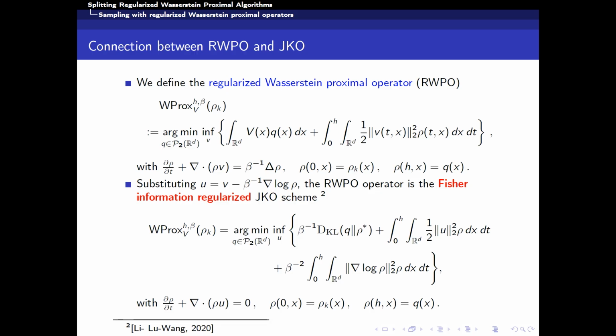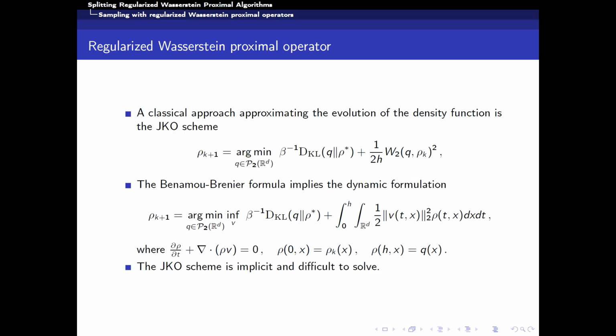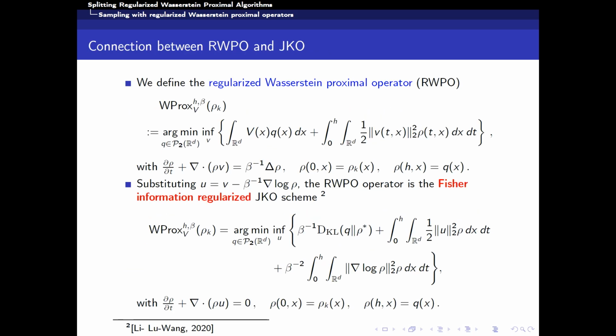And if you compare this formulation with the classical JKO scheme over here, you will see that we only have an extra term, which is a Fisher information regularization term. So this is exactly the same regularized Wasserstein proximal operator as in here. So basically, these two formulations are equivalent with each other.